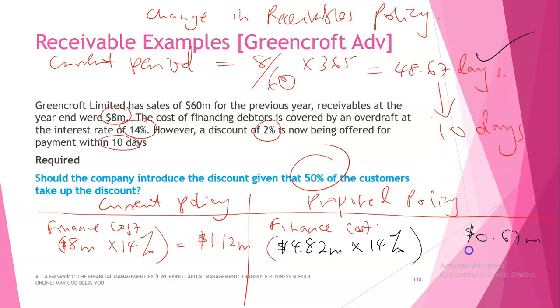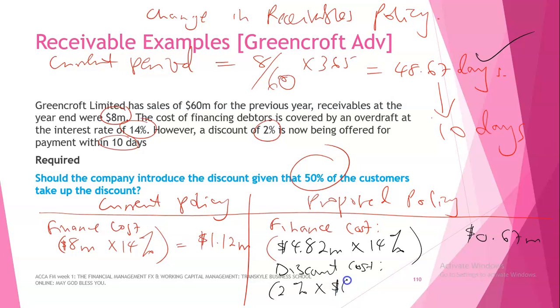But these costs do not stop there. There's also the discount cost, because if we give a discount, there is a cost attached to it. That 2% is a cost to the business. So we are going to say discount cost. We are giving 2%. 2% on what?